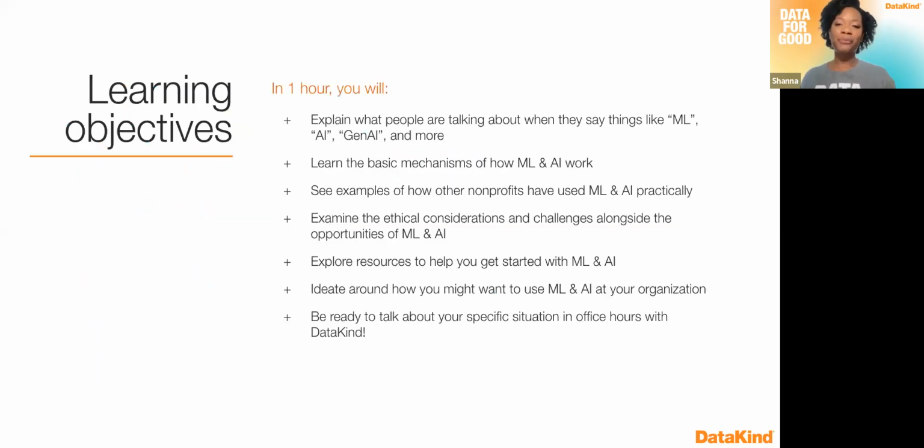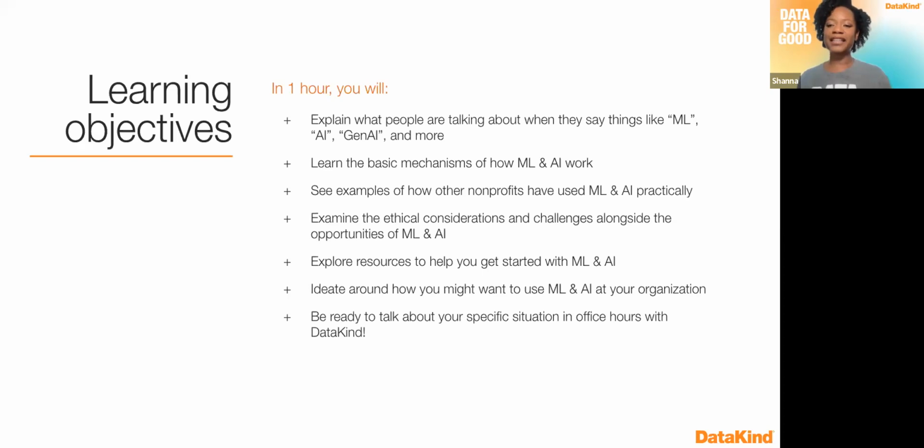And so for our webinar today, here are our learning objectives. In this hour, we're going to talk about what it means when we're saying terminology and definitions like ML, AI, even GenAI, and more. Learn about the basic mechanisms of how ML, otherwise known as machine learning, and AI, otherwise known as artificial intelligence, work.